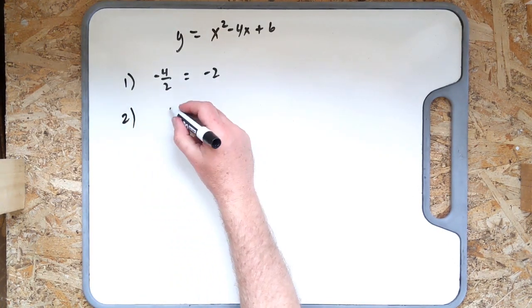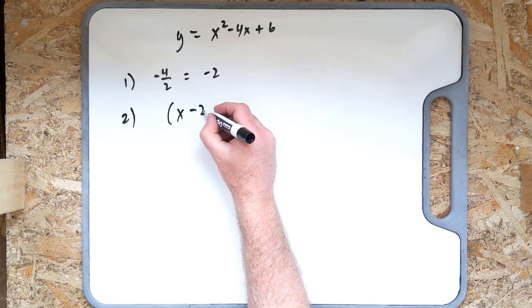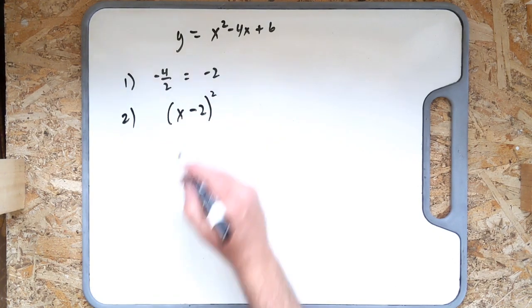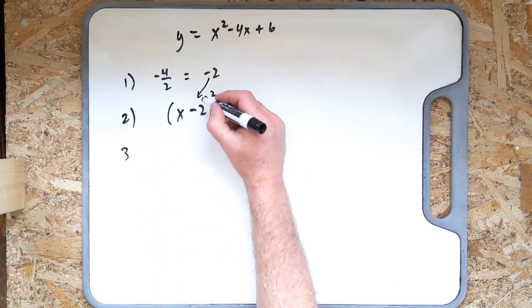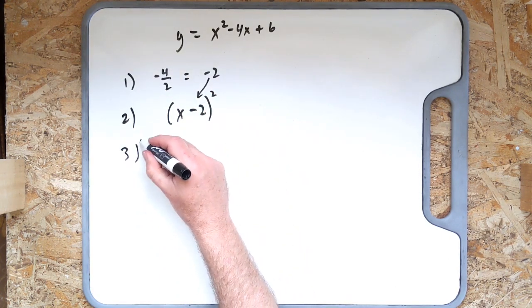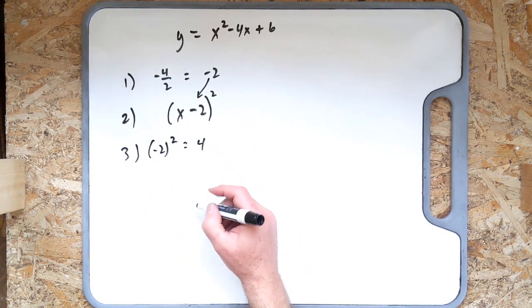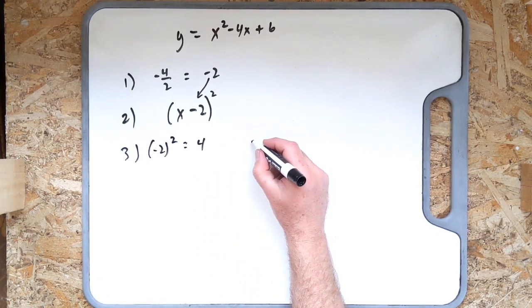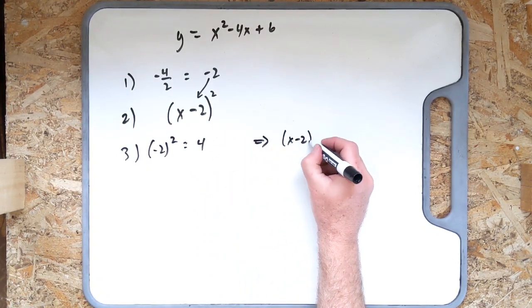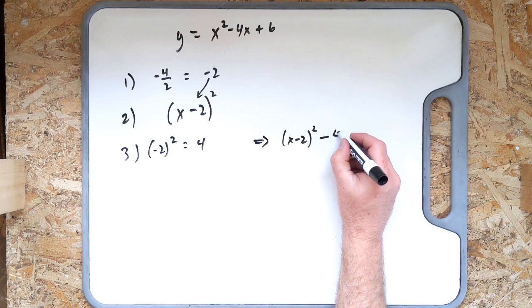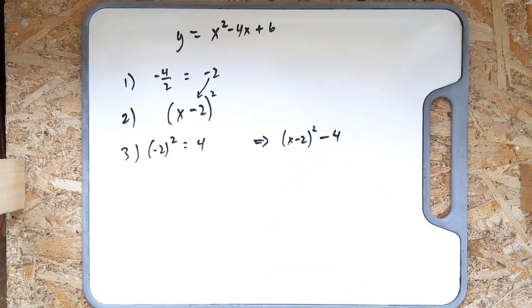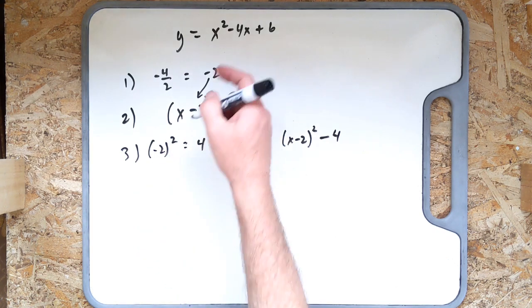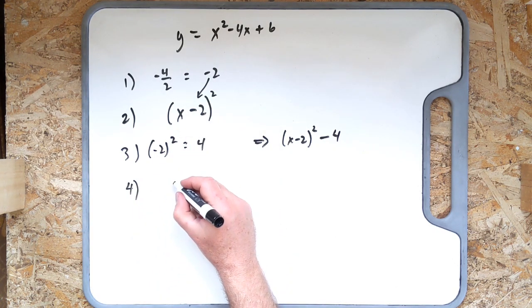Second step, write that in x minus 2 squared. Third step, take that same -2, square it to get 4, and subtract it from that term there. So this becomes now x minus 2 squared minus 4. And when you expand this out, this will give you plus 4 there, and then you subtract 4, so it'll work.